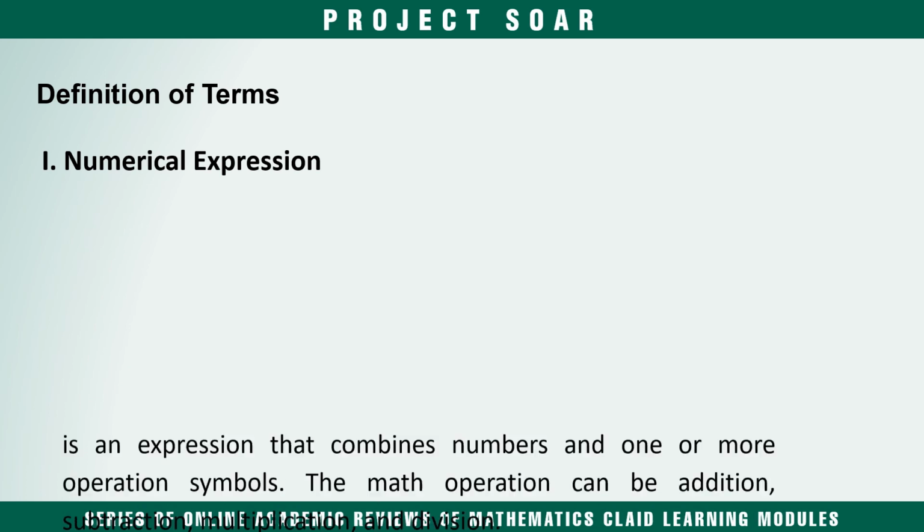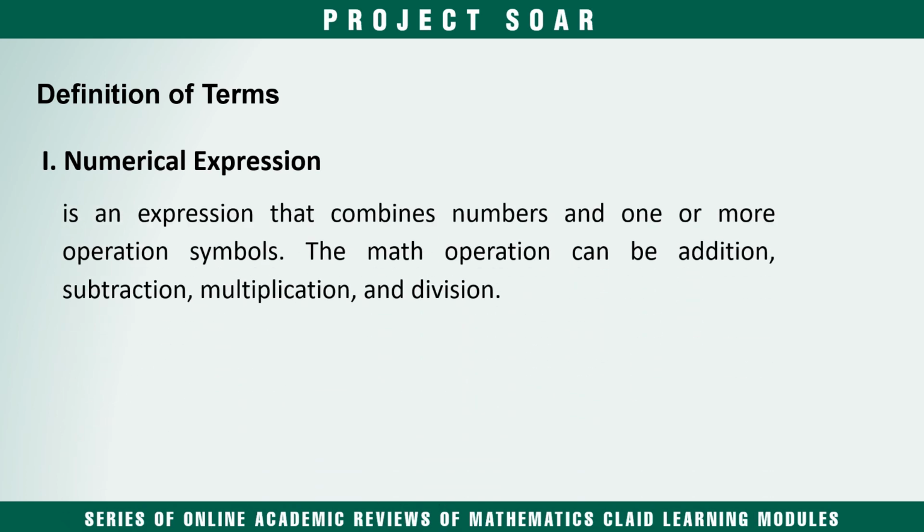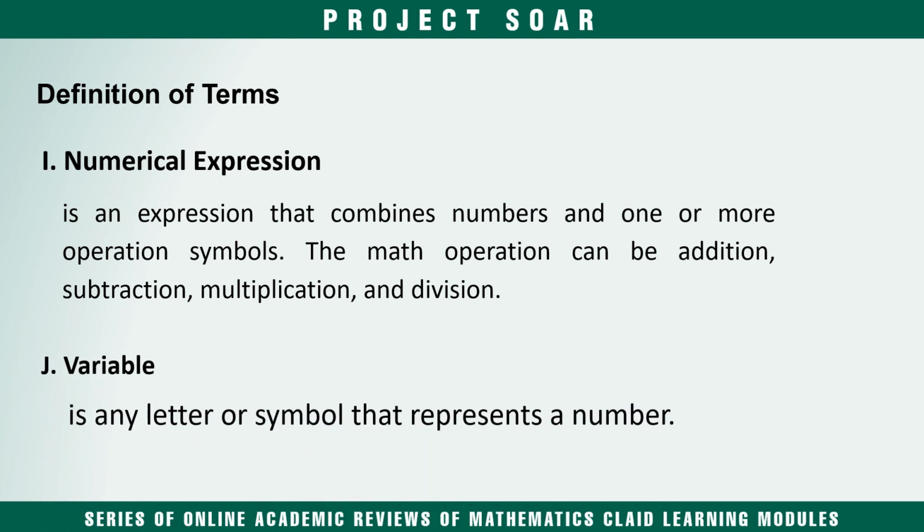A numerical expression is an expression that combines numbers and one or more operation symbols. The math operation can be addition, subtraction, multiplication, and division. A variable is any letter or symbol that represents a number.